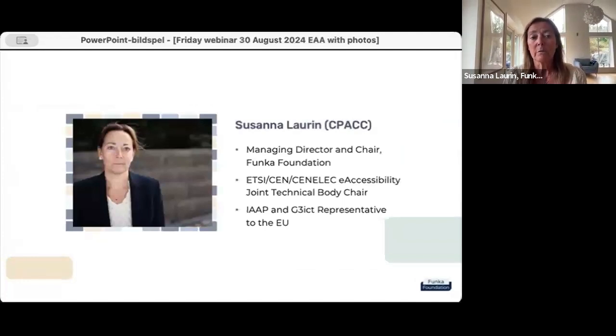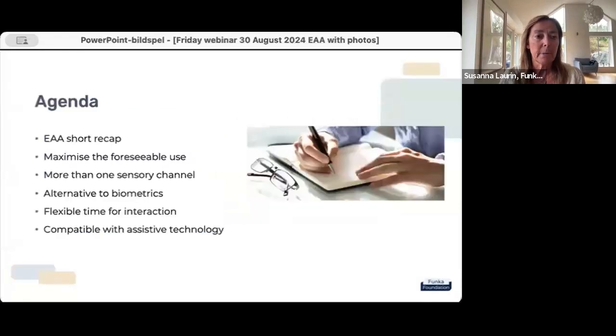I'm also the Chair of the ETSI and CENELEC e-Accessibility Joint Technical Body, which is the group responsible for making sure that we have European harmonized standards to go with the legislation on accessibility. And I'm also the IAAP and G3ICT representative to the EU. IAAP is a member organization for accessibility experts, also certifying accessibility professionals. So that's a little bit about my background.